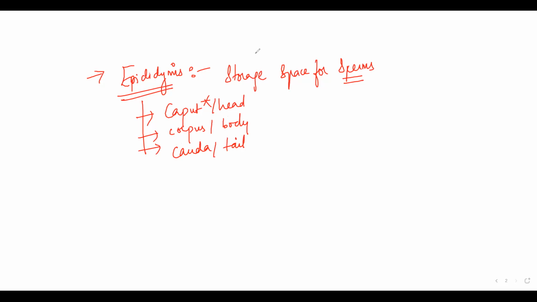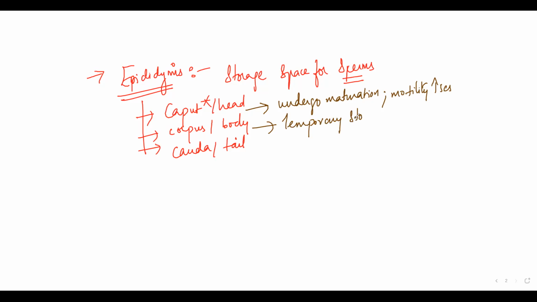Remember that in the caput, or the head region, the sperms undergo maturation, and their motility increases here. Motility is nothing but the movement of the sperms. Next, the corpus is a temporary storage space for the sperms.